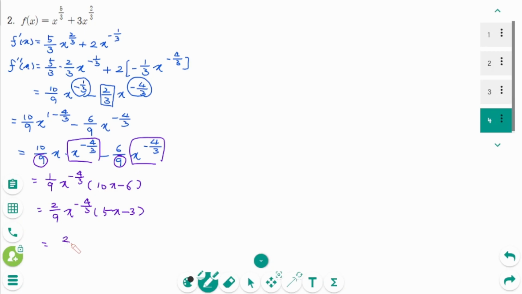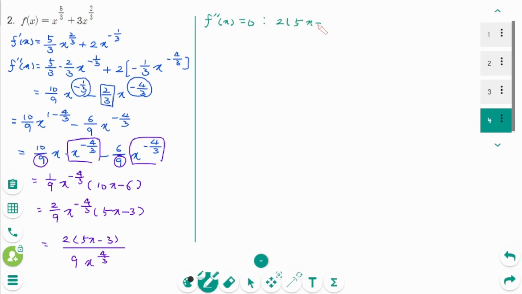Then finally 2 times 5x minus 3 over 9 times x to the power of 4 over 3. f second prime of x equals 0. That means 2 times 5x minus 3 equals 0. Then 5x equals 3. Then x equals 3 over 5.